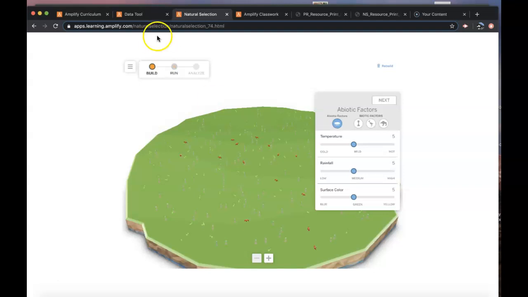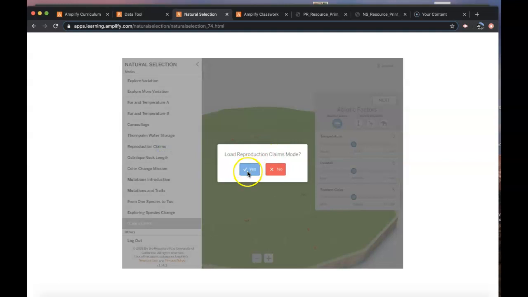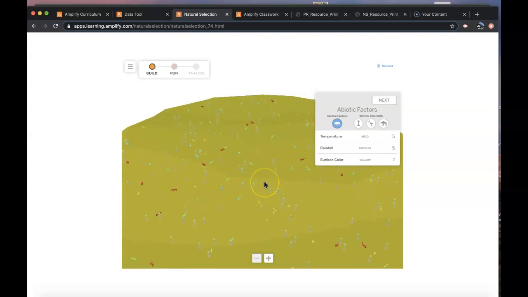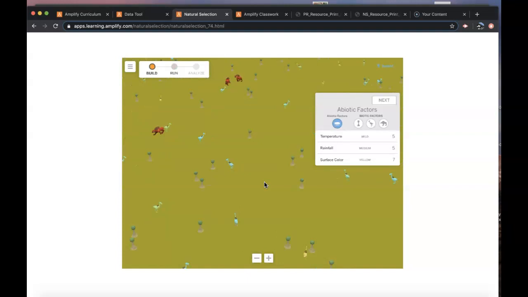Okay, natural selection and reproduction claims. In lesson 2.1, we used this model. I'm going to zoom in and locate an australope with color traits from the data table.